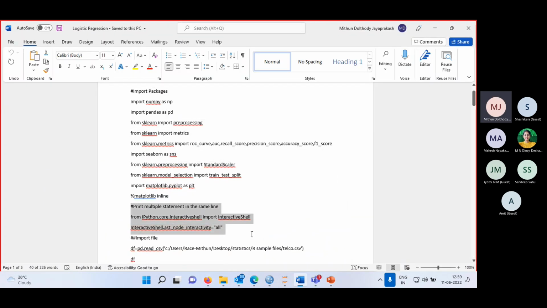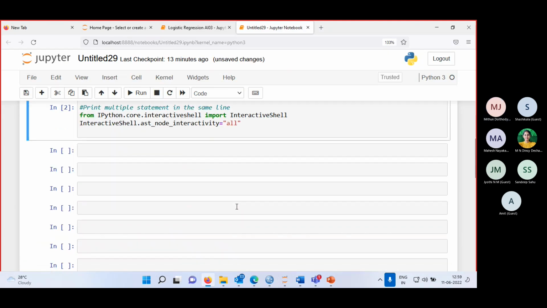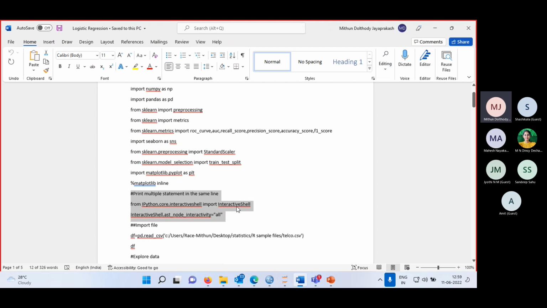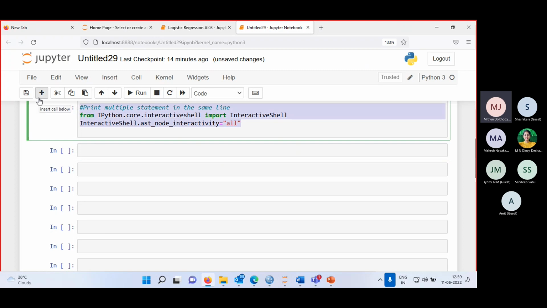Okay, this we are already familiar with. We are printing multiple lines of code here. It enables me to print multiple lines of code. This you can copy from the last one. In linear regression also, it was there.